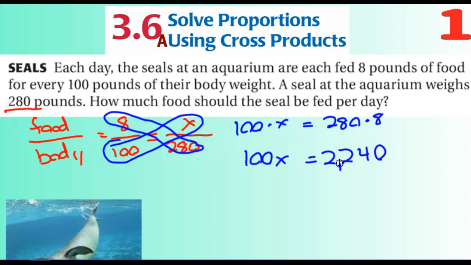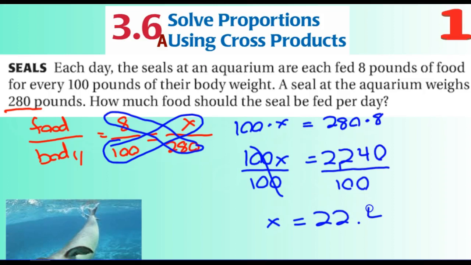Now we've got to solve for X to see how much food the seal should be fed. So divide by 100 on both sides to get X by itself, and X equals 22.4 pounds of food. So if the seal weighs 280 pounds, he should be fed 22.4 pounds of food every day.